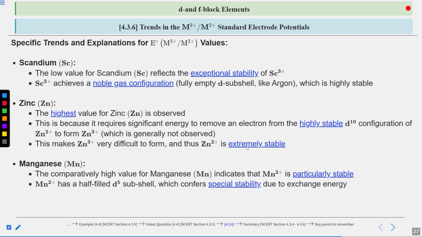So Mn2 positive has a half-filled d5 subshell, which confers special stability due to the exchange energy. This makes it harder to oxidize manganese 2 positive to manganese 3 positive because manganese 2 positive is already stable. Thus, manganese 3 positive is readily reduced.